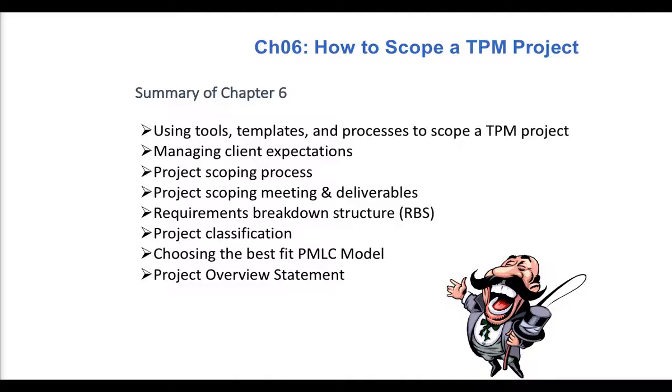That's going to be more detailed requirements than you need to proceed to the planning phase, but you will need something reasonably detailed before you get to the planning phase. The main approval coming out of scoping is going to be your project overview statement. Also here you're going to classify the project as the solution known or unknown, is the goal known or unknown, and then you can choose what your project management life cycle will be.